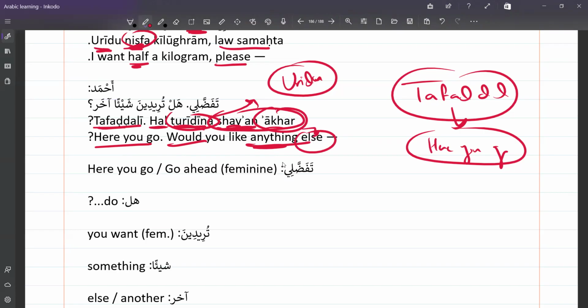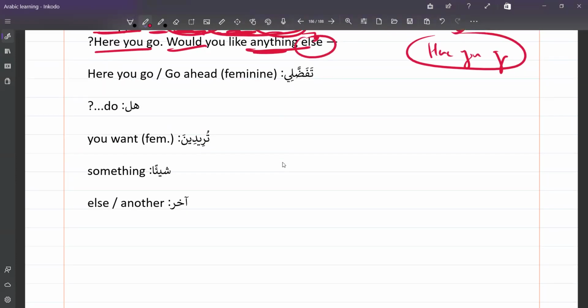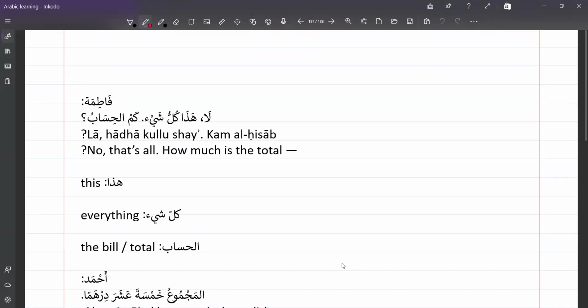Do you want anything else? Hal is used for asking questions. Turidina means you want, second person feminine. Shay'an means anything or thing. Akhar means else. So Fatima replies, La, haza kullu shay.